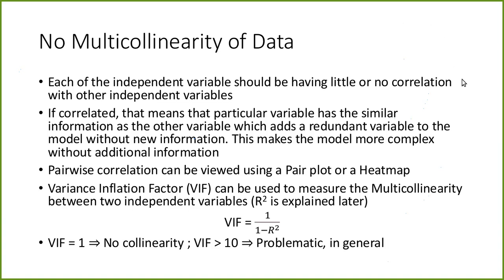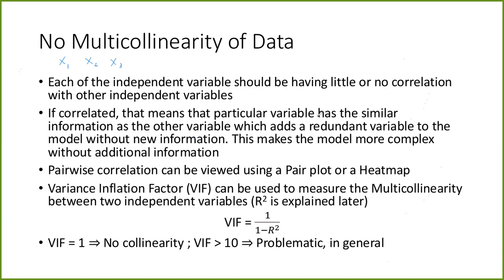For example, if we have the x values x1, x2, and x3 as the independent variables, x1 should not have any correlation with x2 or x3, right? x2 also should not have a correlation with x1 and x3. x3 should not have any correlation with x2 or x1, right?